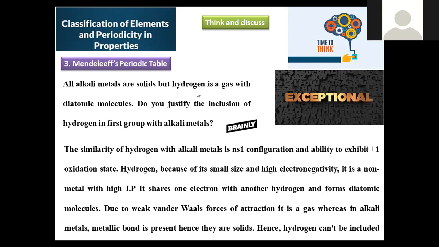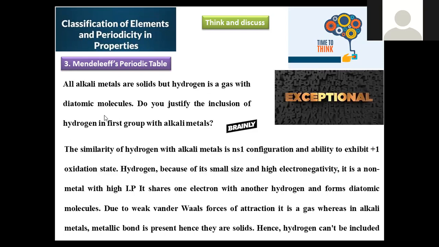If similar resemblance is there, if the electron gaining tendency is there, that is the property of halogen elements. Because of that nature, you may place hydrogen even in the p block. This is the exceptional condition which is not applicable to any element other than hydrogen.